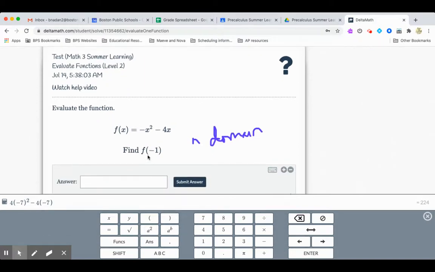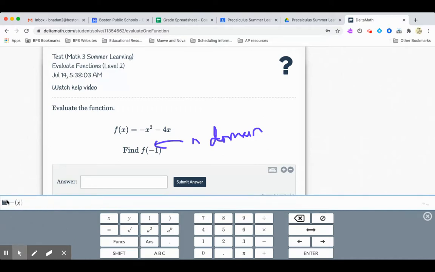Okay, here the number in the domain is -1, so this is your input. And again, it's two places where you have to plug it in. So let me just write the function. So -x squared minus 4x. And then wherever the x is, just where the x is, I put a -1. And for these squares, it's super important that you put your negative in parentheses to square it, because -1 times -1 is +1.